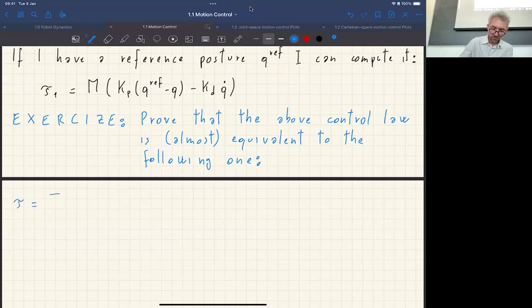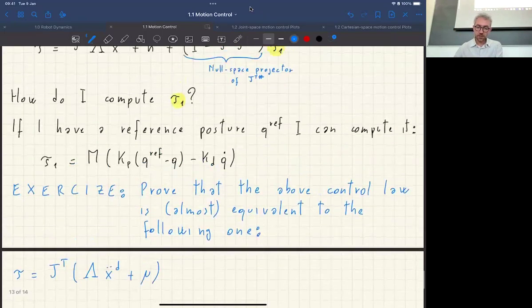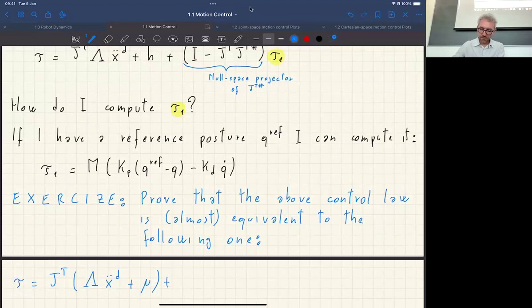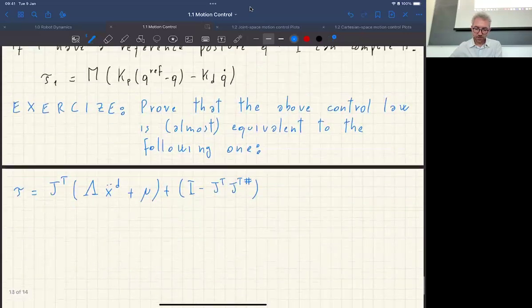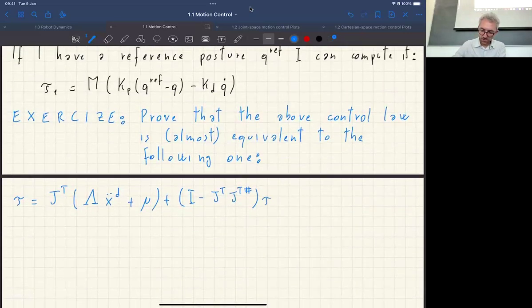So that should be equivalent almost to using the original operational space control law, which was this, plus null space times a tau, I'm going to call it tau 2 just to clarify it's not the same as tau 1 above, where tau 2 is slightly different from tau 1.